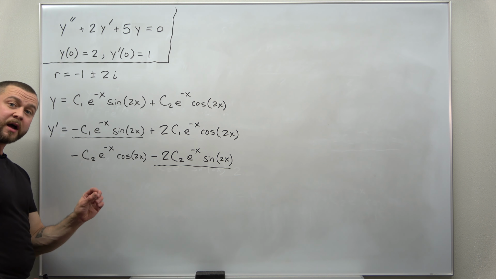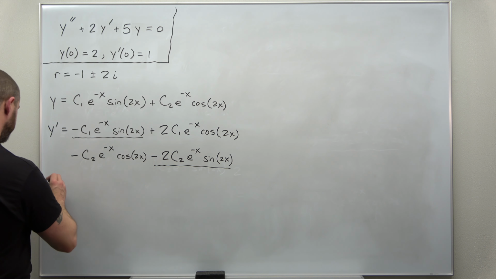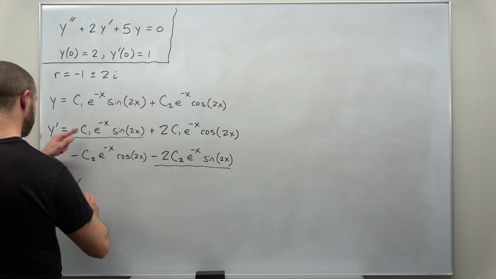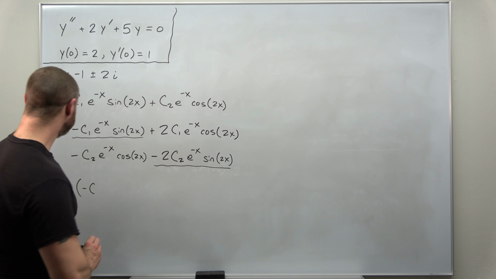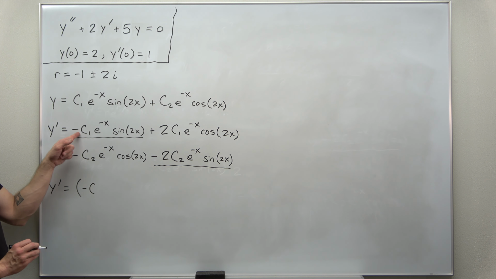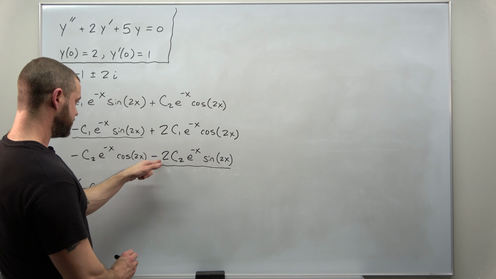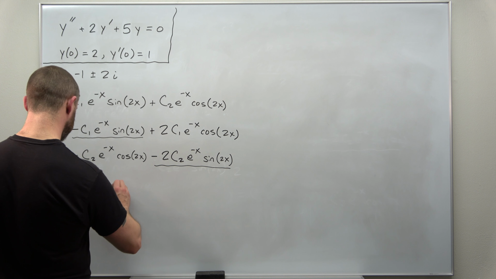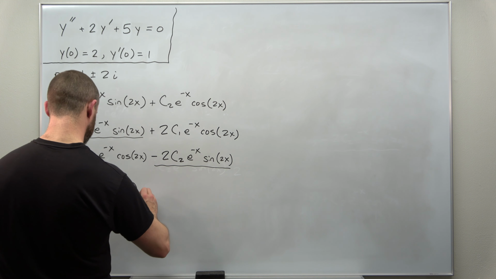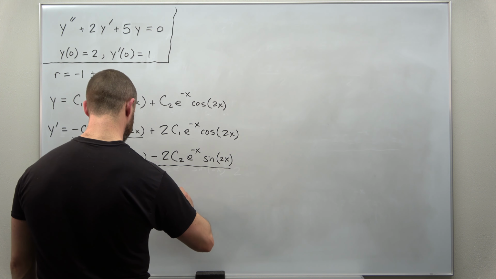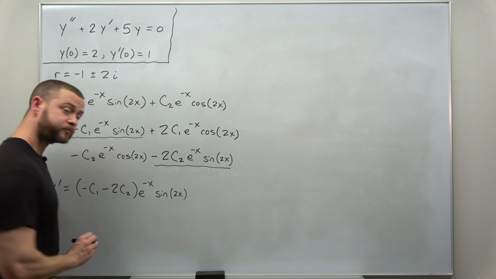So we're going to factor out the exponential times sine, and we'll write y prime as, in parentheses, the coefficients, negative c1. And then what's your other coefficient? Minus 2c2. And that's times e to the negative x times sine of 2x.